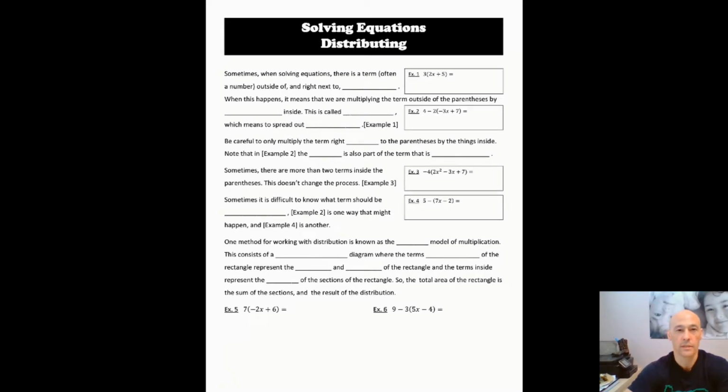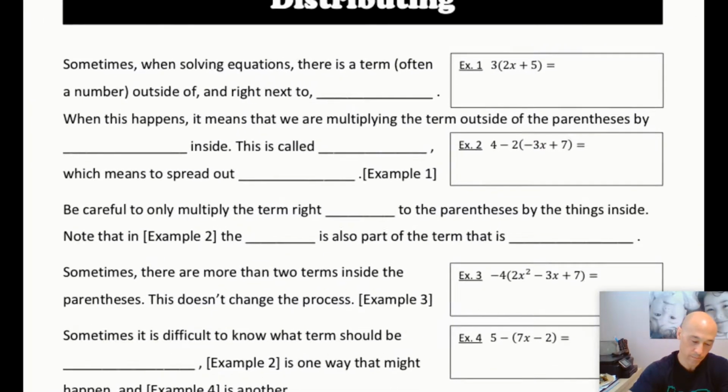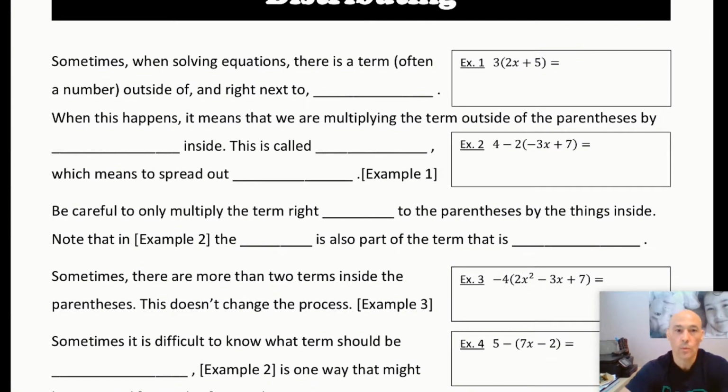Solving equations, distributing. Sometimes when solving equations, there's a term, often just a number, outside of and right next to parentheses. When this happens, it means that we are multiplying the term outside of the parentheses by everything inside.